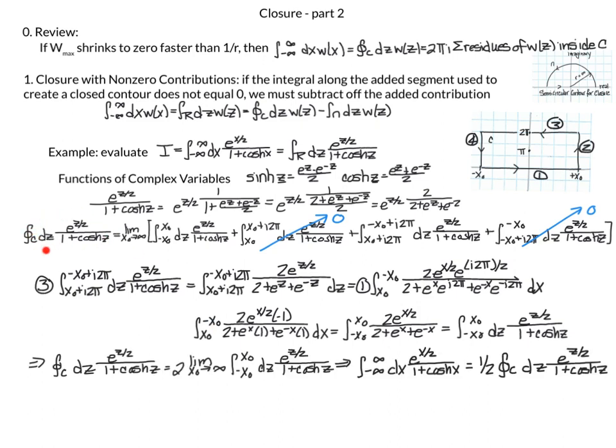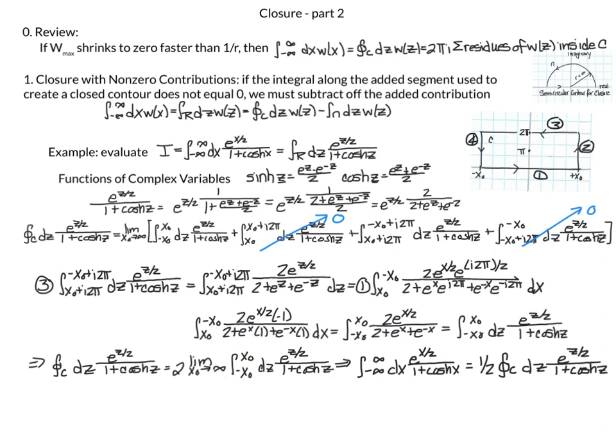Now we have our closed integral, which is equal to the sum of the 4 paths. 2 of them go to 0. The other 2 are equal, so that's going to be 2 times the limit as x naught approaches infinity of the integral from negative x naught to x naught of e to the z over 2 divided by 1 plus cosh z.